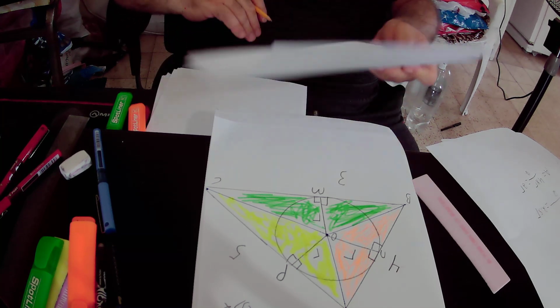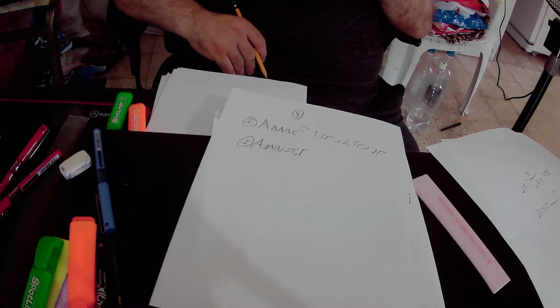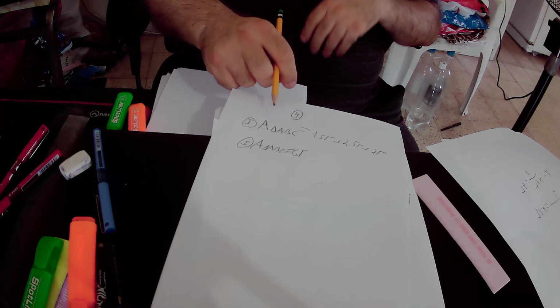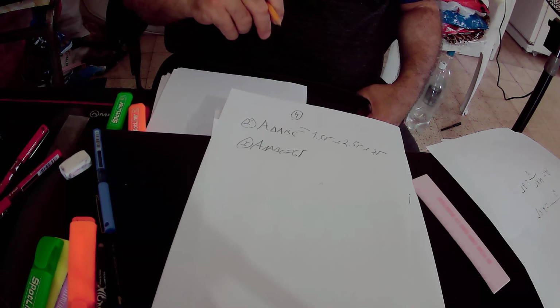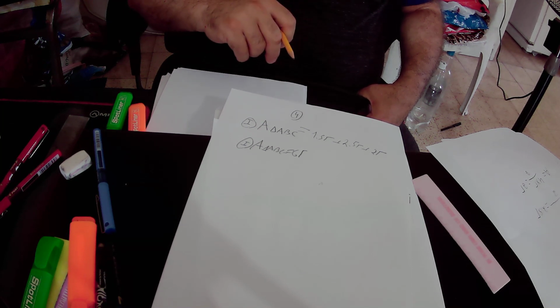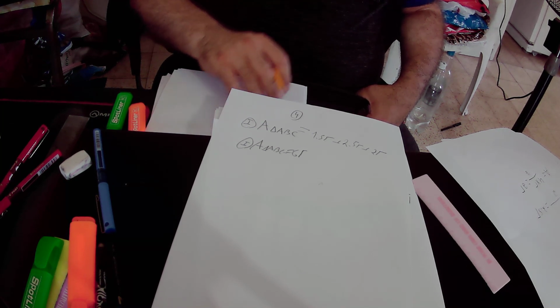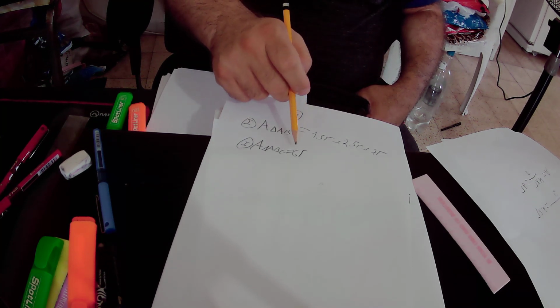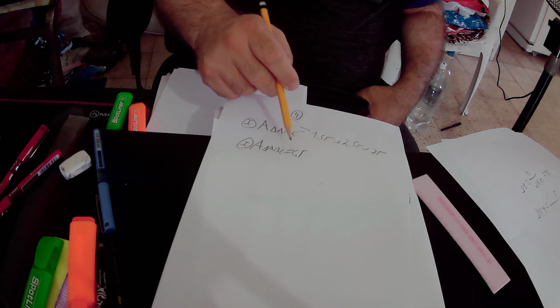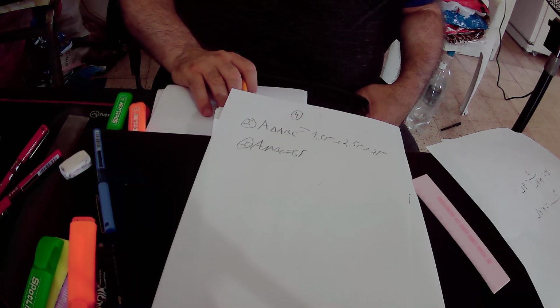Okay, so according to equation number 1, the area of triangle ABC equals the sum of the areas of the yellow triangle plus the green triangle plus the orange triangle, and the sum of the areas of those three triangles is actually 6 times the radius of the circle. But we already know that the area of triangle ABC equals 6 units squared.